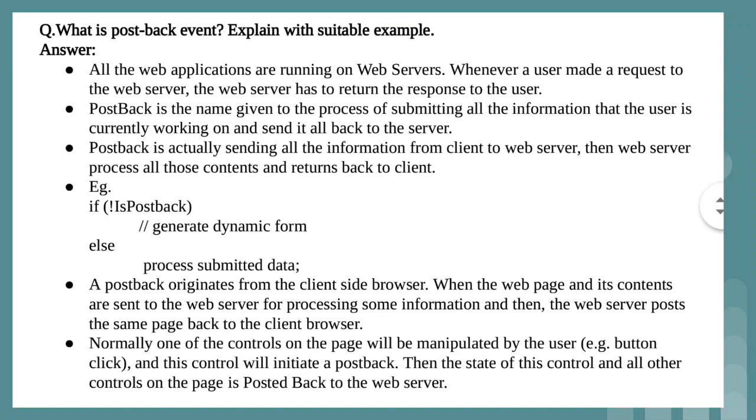But when we again change the selection, that is, when we select the red color from the list box, the second time we are making the request from the web browser to the server. That request should be received by the server, and only then will the server give us the response. So if we set the postback property, we are sending the request again and again by changing the selection, and once the server receives the new value, only then will it give us the respective reply.